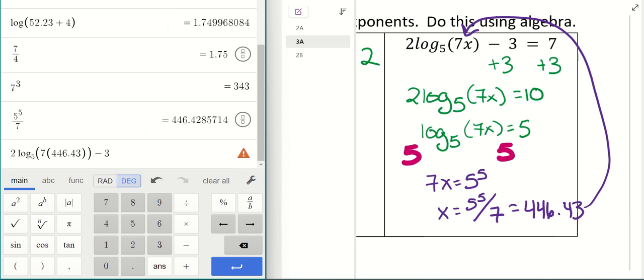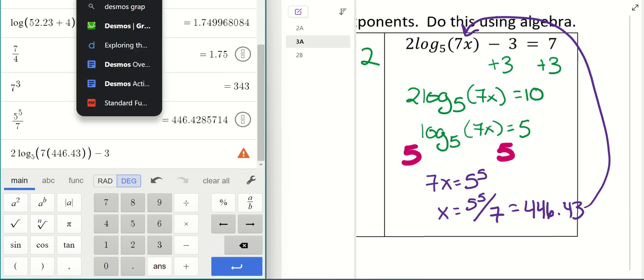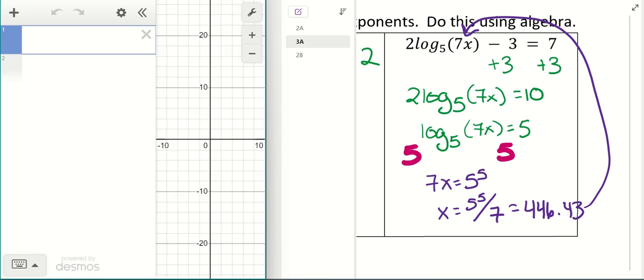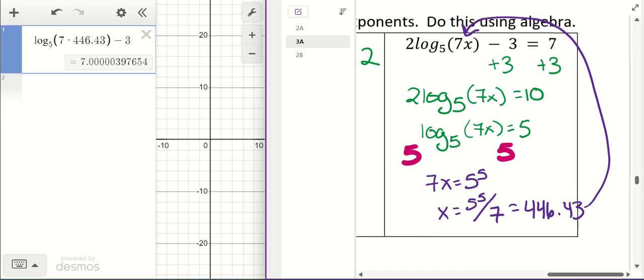Okay. We got to go to the graphing calculator. That's okay. All right, let's try that again. 2 times log base 5 of 7 times 446.43 minus 3. That is pretty darn close to the 7 that we wanted. So we are happy.